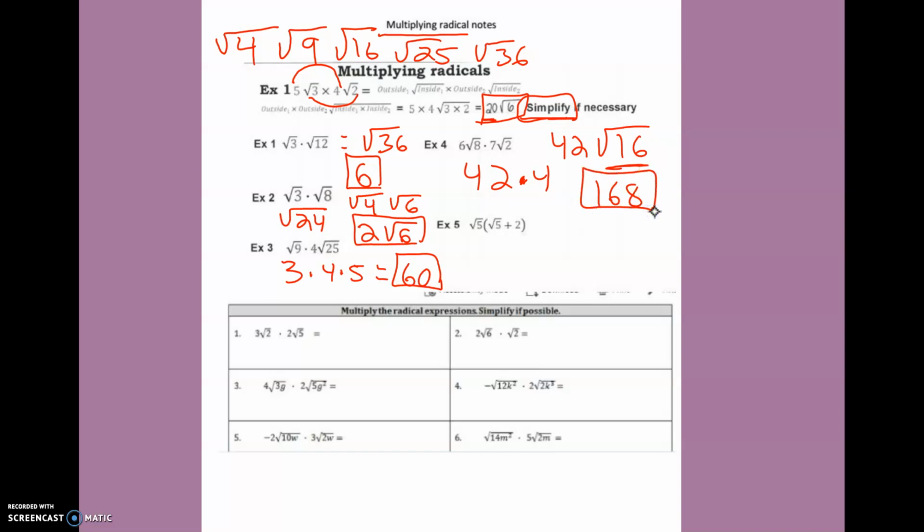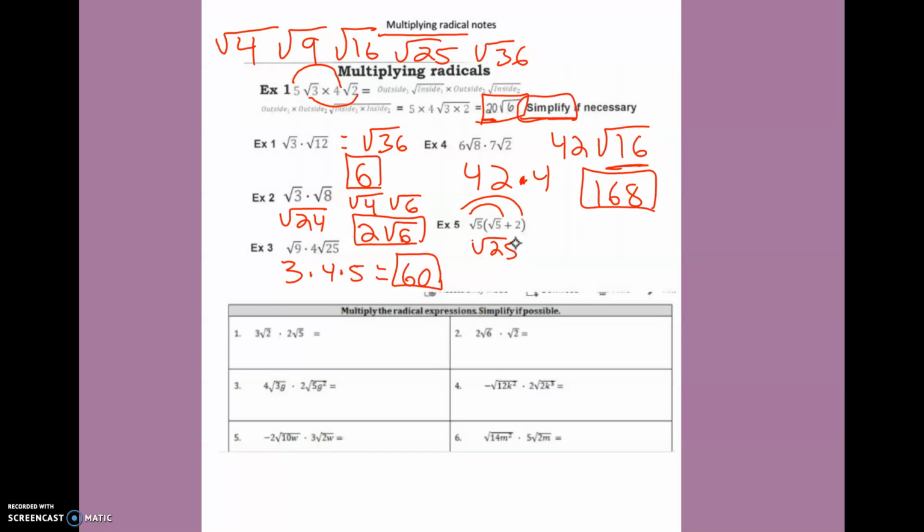And the last one, parentheses, if you remember our distributive property, right? That's what we're going to use in this one. So we're going to take the square root of 5, multiply it by the square root of 5, gives me 25.